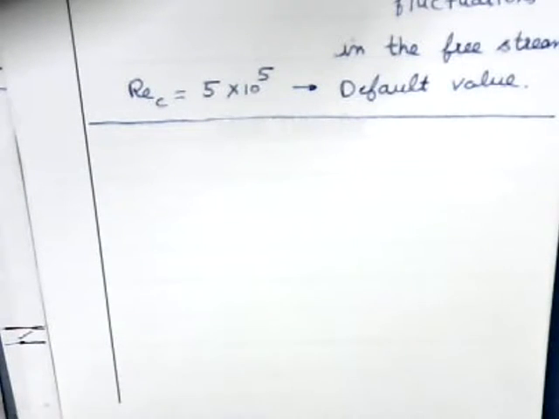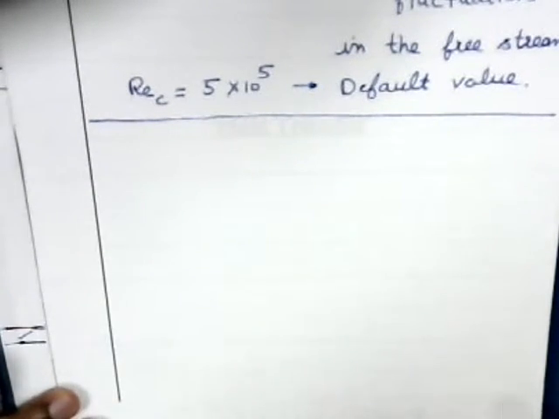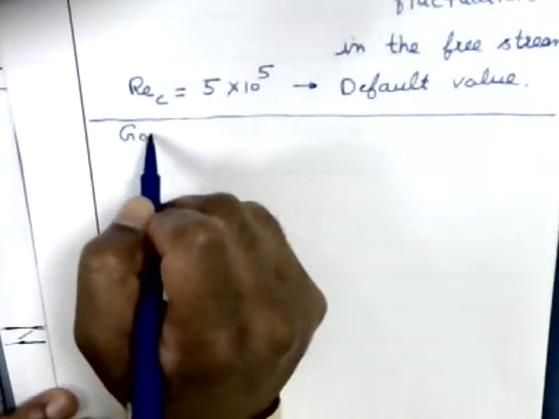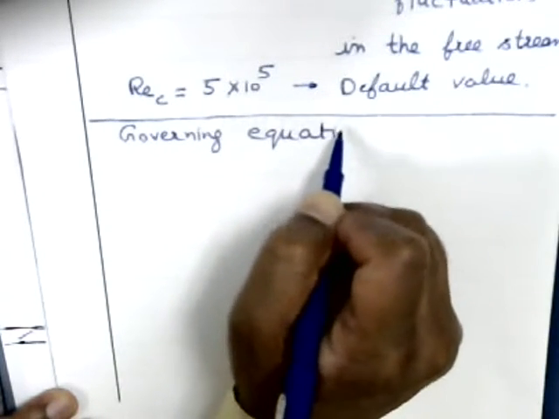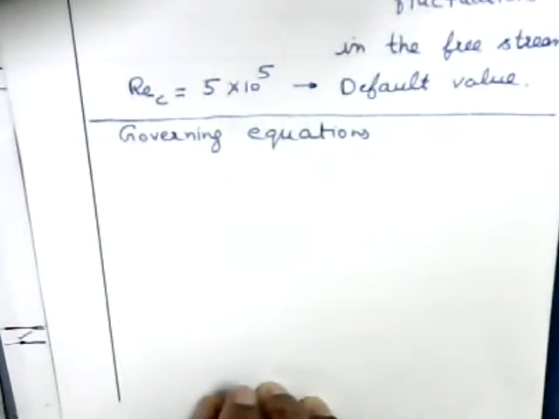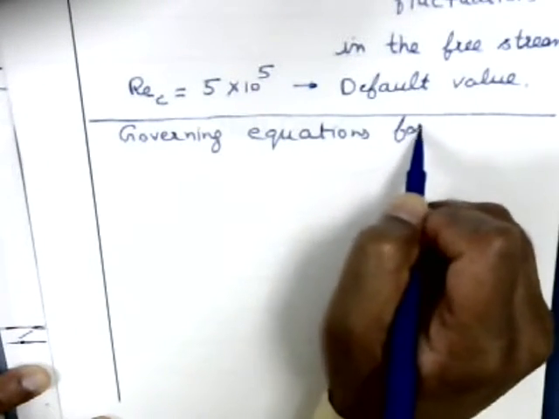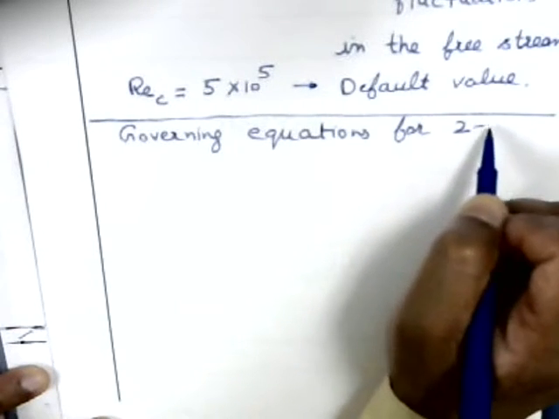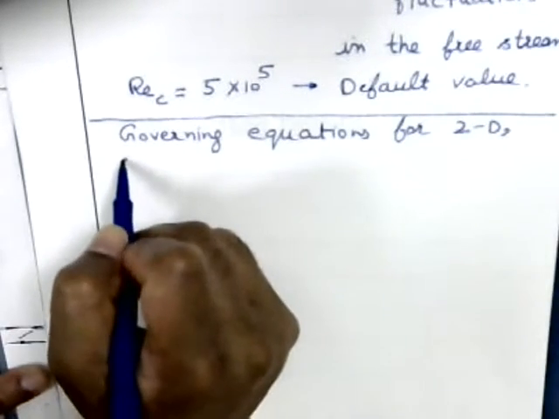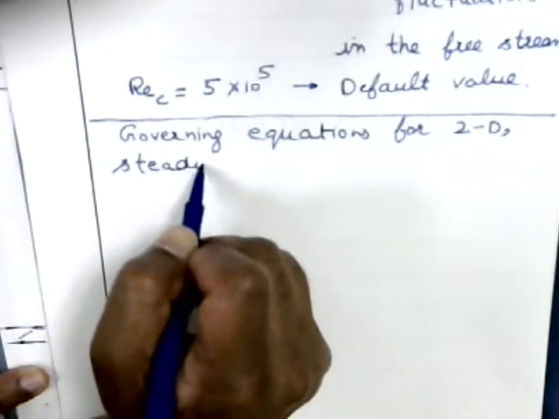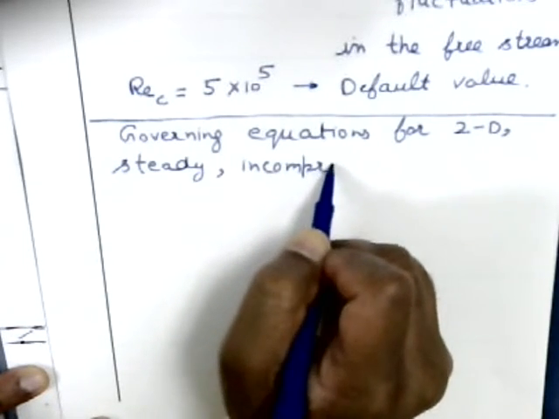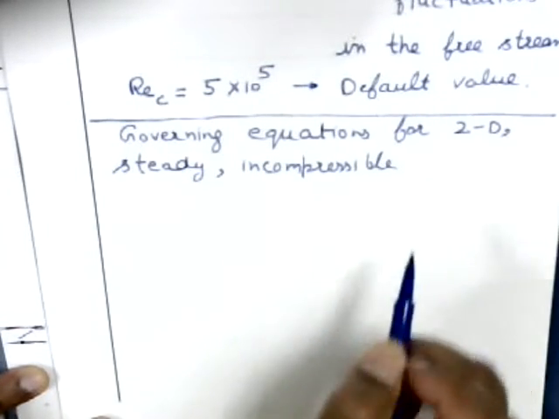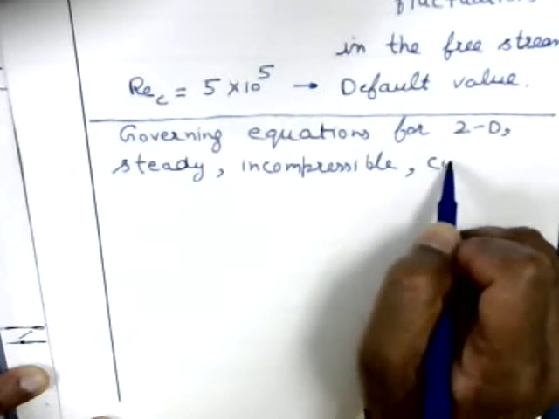Now I want to write down the governing equations. For simplicity we'll take only two-dimensional, steady, incompressible flow with constant properties.